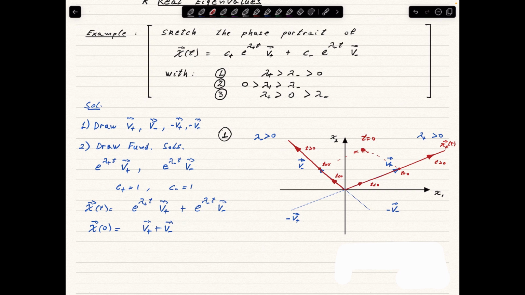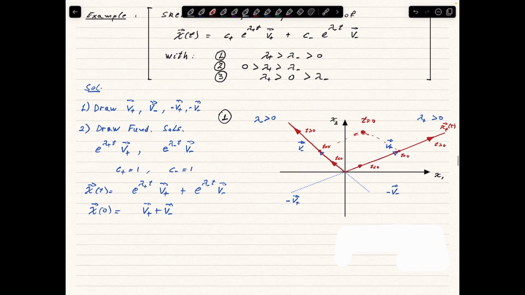Okay. Now, what happens in the limit t much bigger than 0? Well, because lambda plus is bigger than lambda minus, exponential lambda plus t is much bigger than exponential lambda minus t.